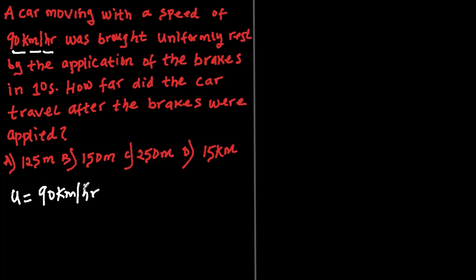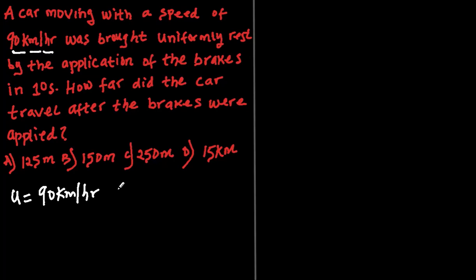What I would do is to immediately convert it to meters per second. Why? Because most other parameters are going to be in SI units. As you can see, the time is 10 seconds. So to convert it to meters per second, you multiply by 1000 because 1 kilometer is 1000 meters, then divide by 3600 seconds because 1 hour is 60 times 60, which is 3600.